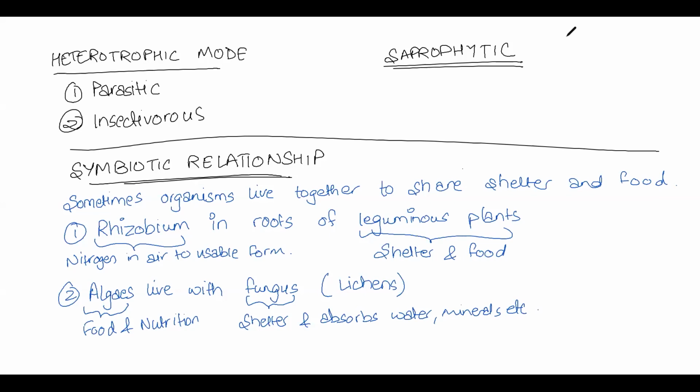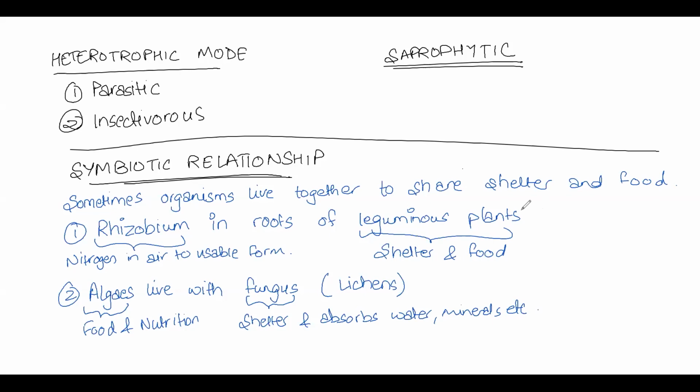Now, the first example that I told you, the bacteria rhizobium, is present in the roots. It converts the nitrogen gas in the air into a usable form of nitrogen that can be consumed by plants. So this is very beneficial for the soil.